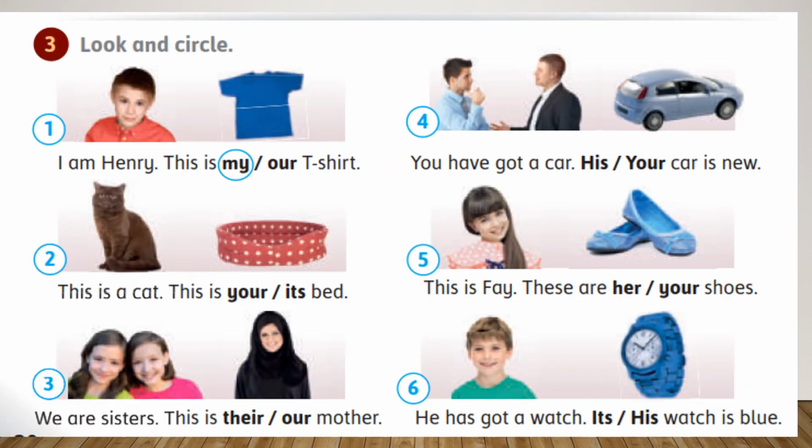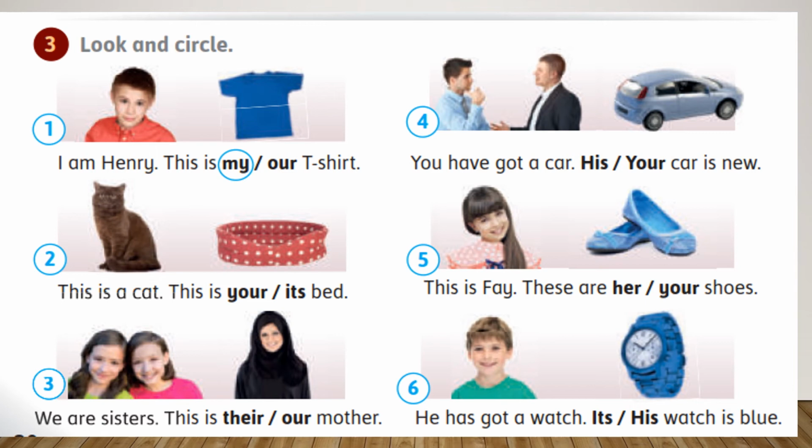Now, we will look at the same pictures, but we will need to look and circle about the possessive pronouns. Who owns these things? For example, I am Henry. This is our t-shirt, or this is my t-shirt.